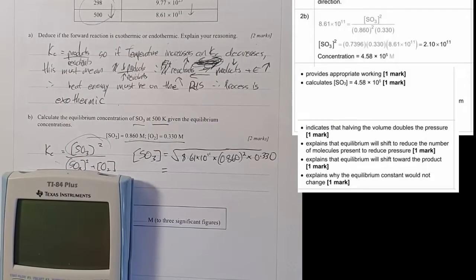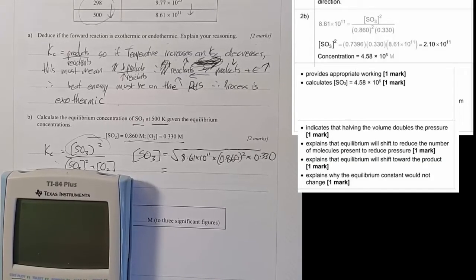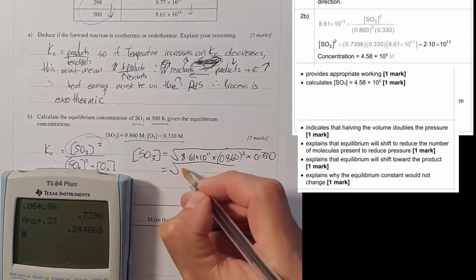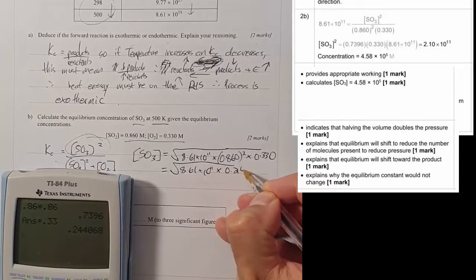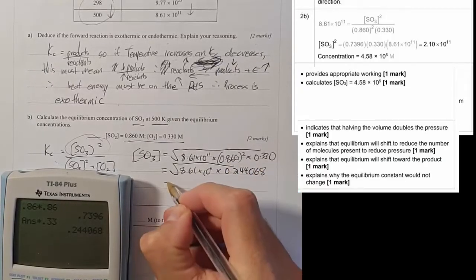Let's grab the calculator out. Still learning how to use this silly calculator. All right, 0.86 times 0.86 equals, times 0.33 equals. Okay, so we've got square root of 8.61 times 10 to the 11 times 0.244068.